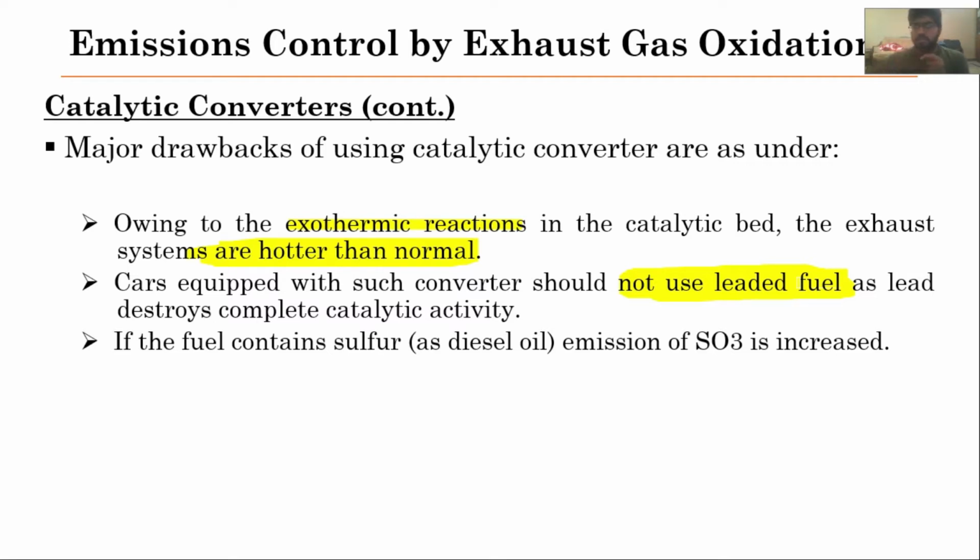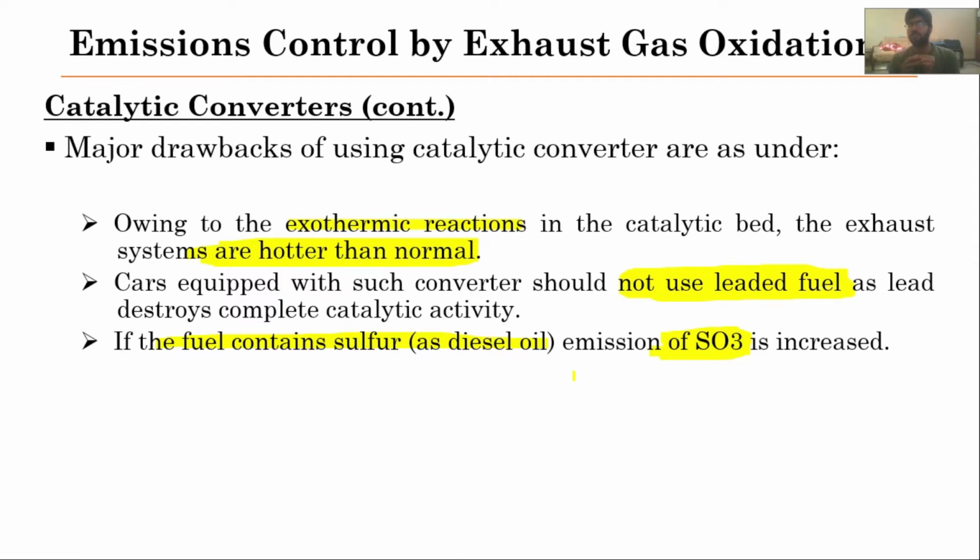And the next disadvantage is that if we are particularly talking about a diesel engine, diesel fuel usually contains sulfur. So these catalytic converters do not control the emissions of sulfur oxides, and will increase the emissions of sulfur trioxide. So instead of controlling it, it is increasing it.